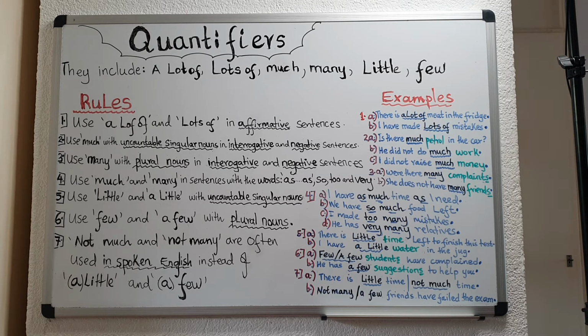So is there much petrol in the car? That is an interrogative question. It has an uncountable noun, and the noun is petrol, and that's why we are using the quantifier much. Let us move on to example 2b. He did not do much work.